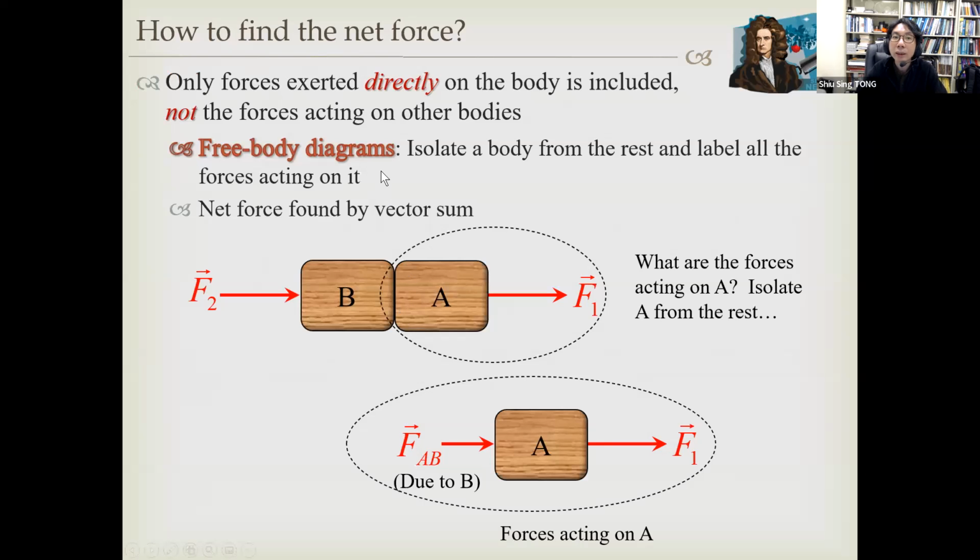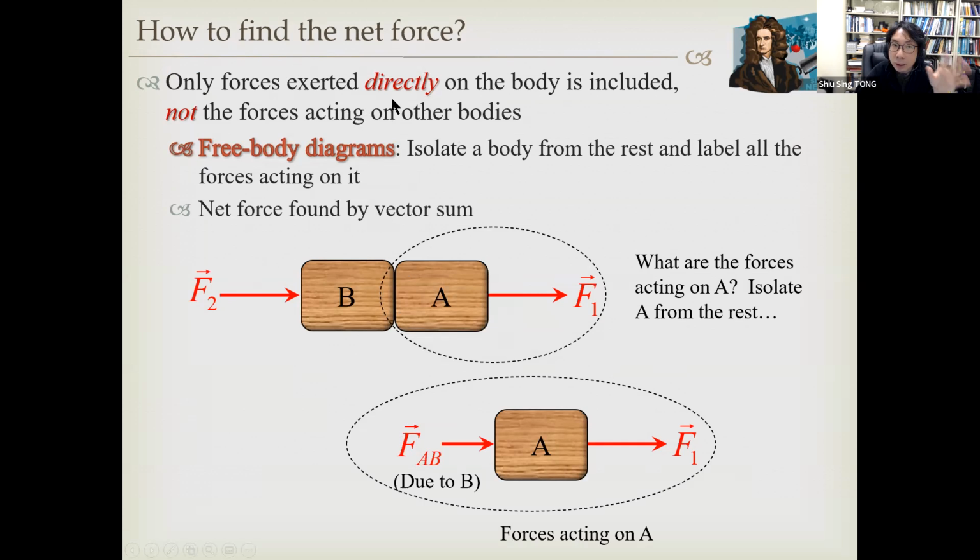Now, how do we find the net force? These are high school physics, but I just want to have a brief review with you to make sure you understand the basic things. Only the force exerted directly on the body is included, not the forces acting on other bodies.